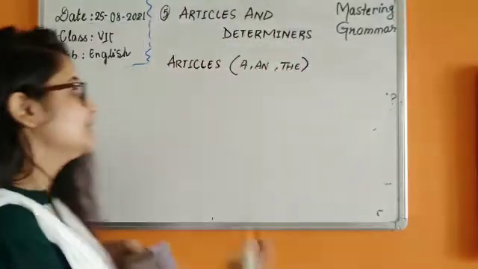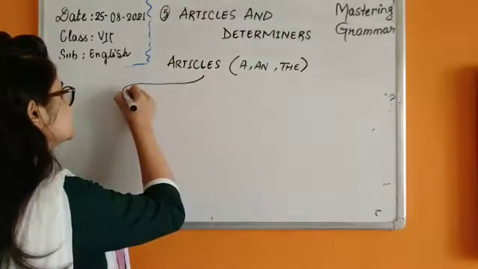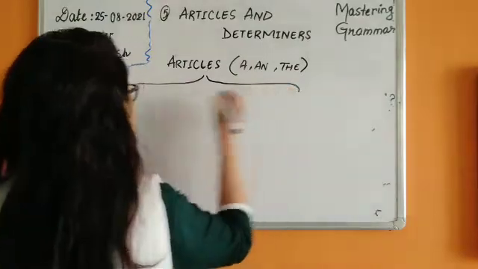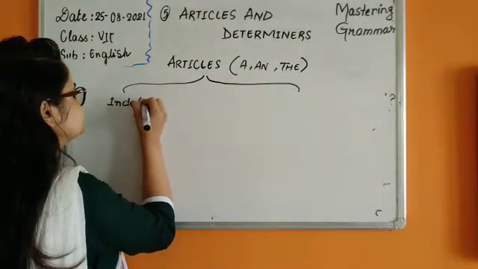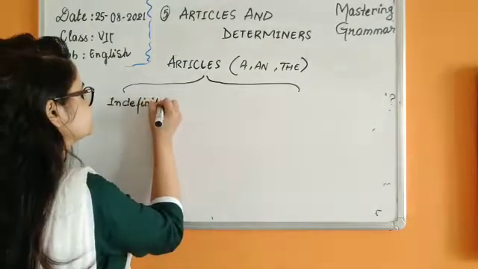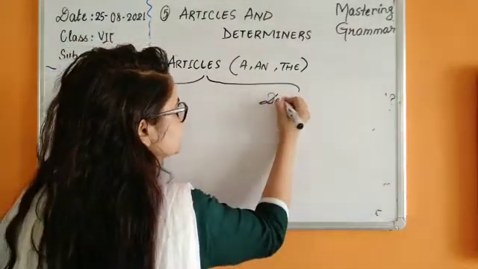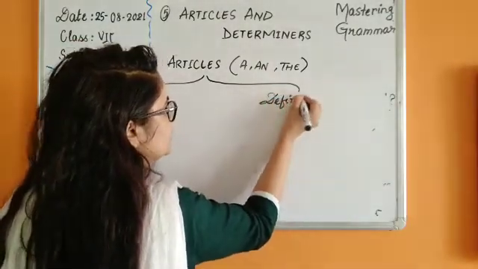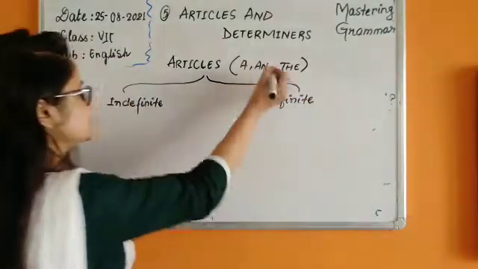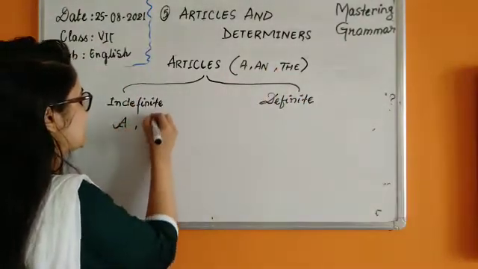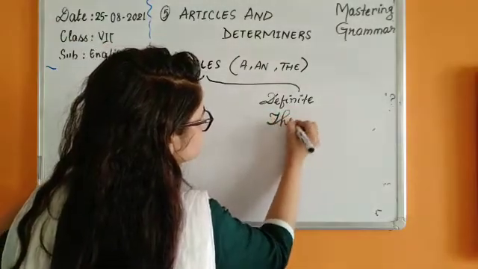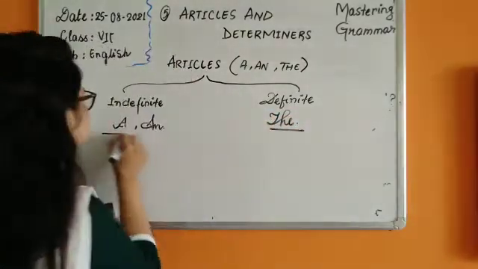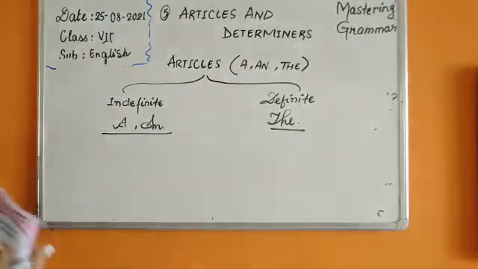Now children, we are going to partition this into two categories. First one is indefinite articles and second one is definite. The two articles, a and an, are indefinite articles, and definite is the. Sorry, definite is the and indefinite is a and an.